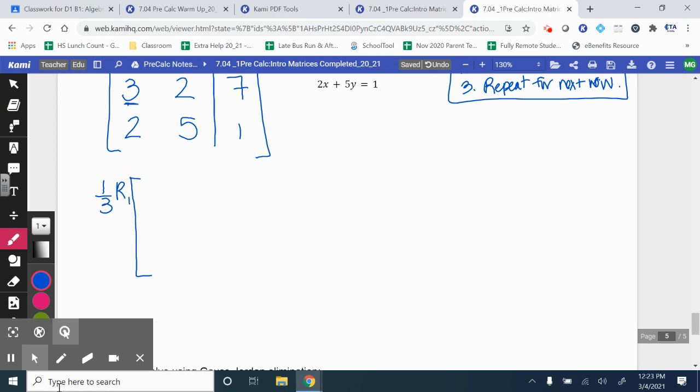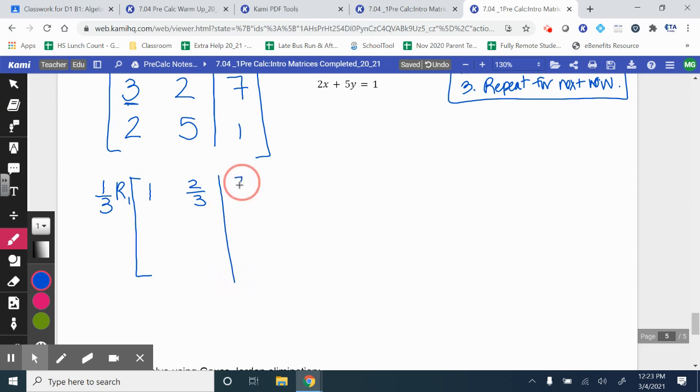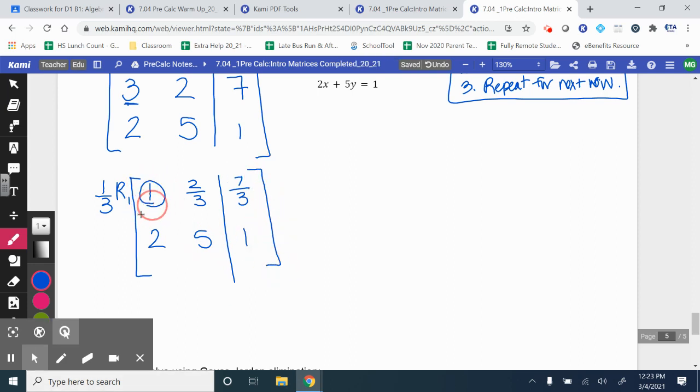So I'm going to take 3 times 1/3, which is 1. 2 times 1/3 is 2/3, and 7 times 1/3 is 7/3. Second row stays the same. So now I have my lead 1.